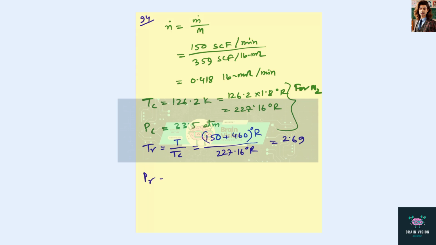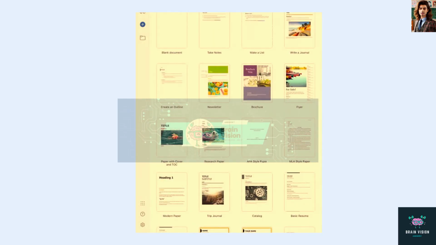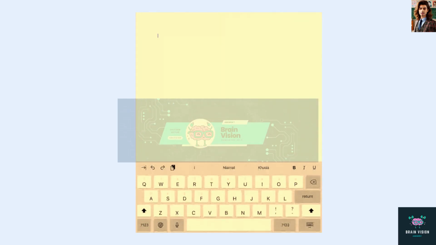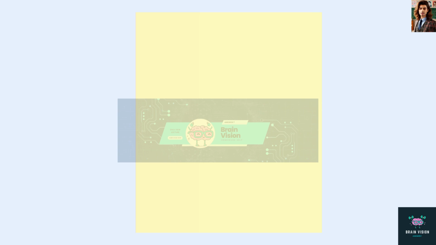Therefore, the reduced temperature is 2.69 and the reduced pressure is 1.22. Now the Z factor at this reduced temperature and reduced pressure is 1.01.